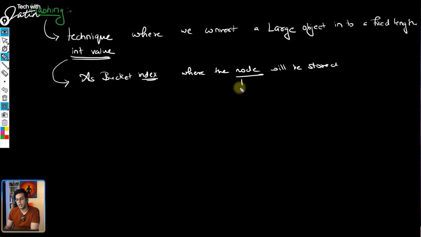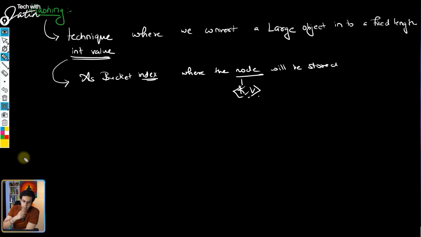When I say node, I'm talking about your key and value. Now, there are many ways in which hashing can be done. You can create your own hashing algorithm also. Companies pay a lot of money so that these hashing algorithms can be created.